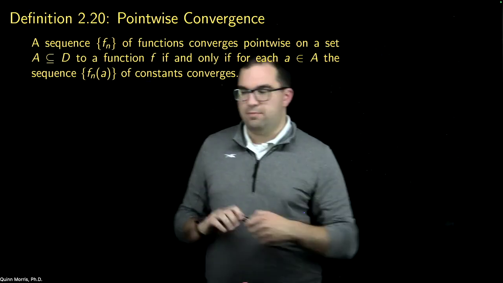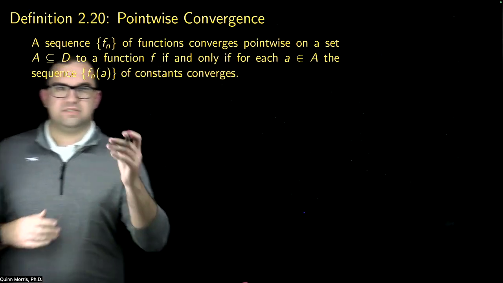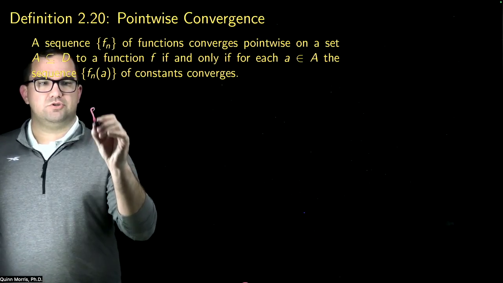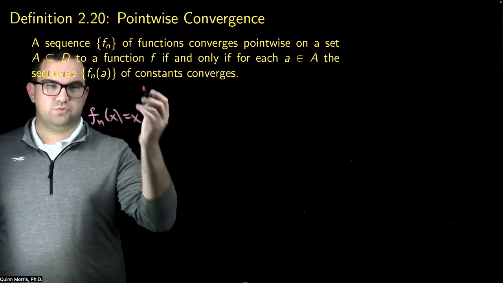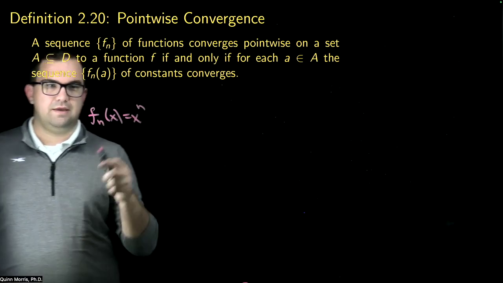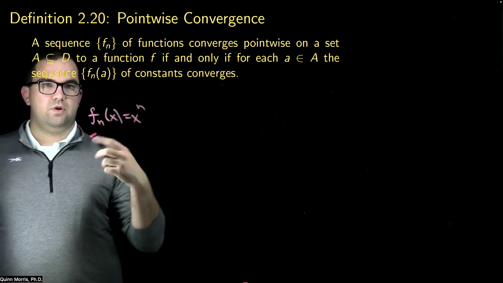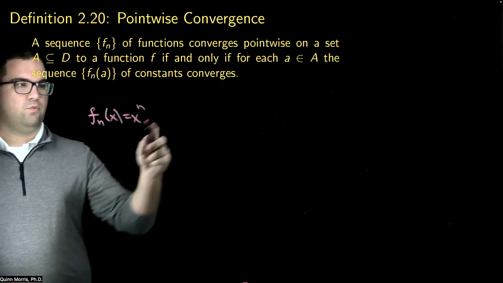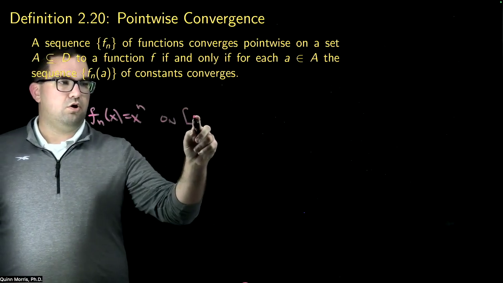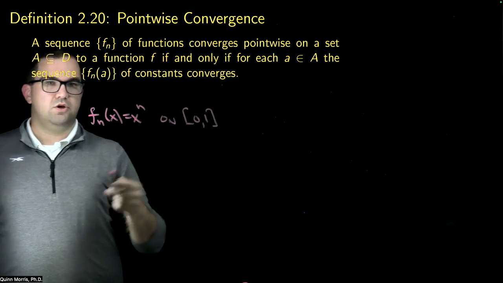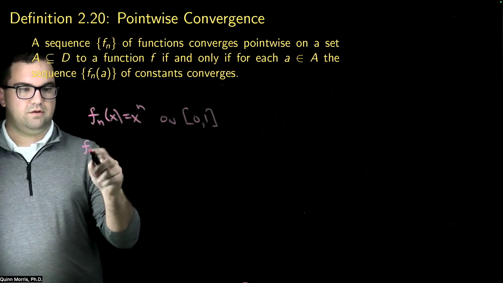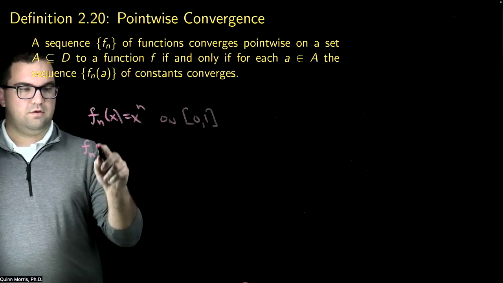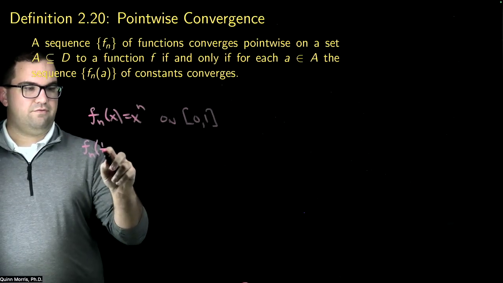So if we go back to, for example, the sequence of functions f sub n of x is equal to x to the n, which we're going to look at more in depth momentarily. The idea would be if you want to show that it converges pointwise on, say, the closed interval [0, 1], you start plugging in values. So you say, well, what happens if I plug in 1/2?